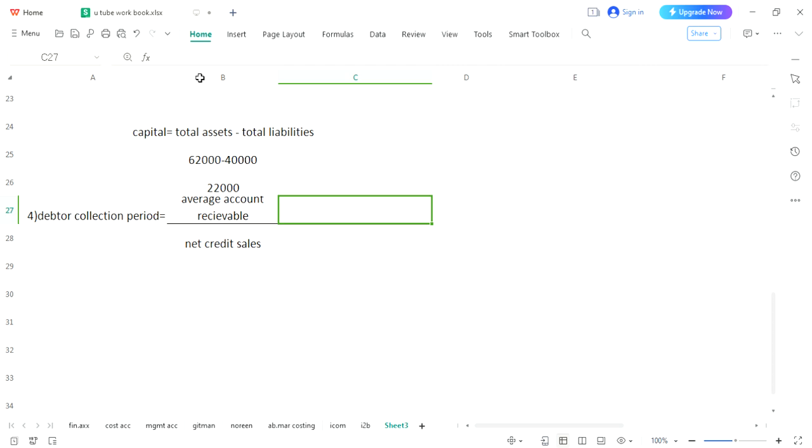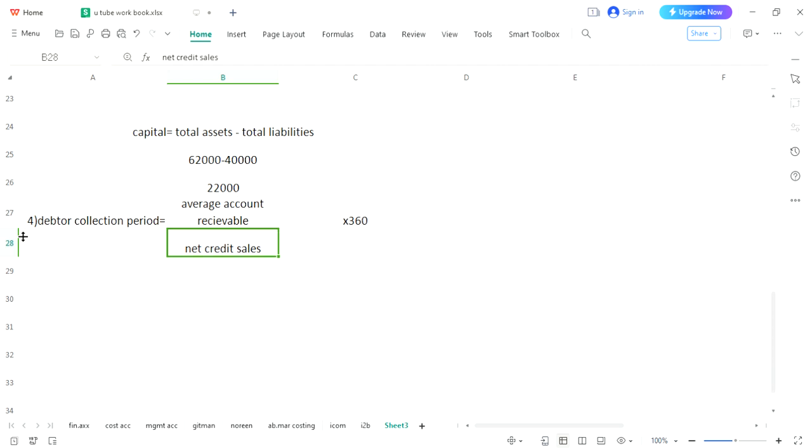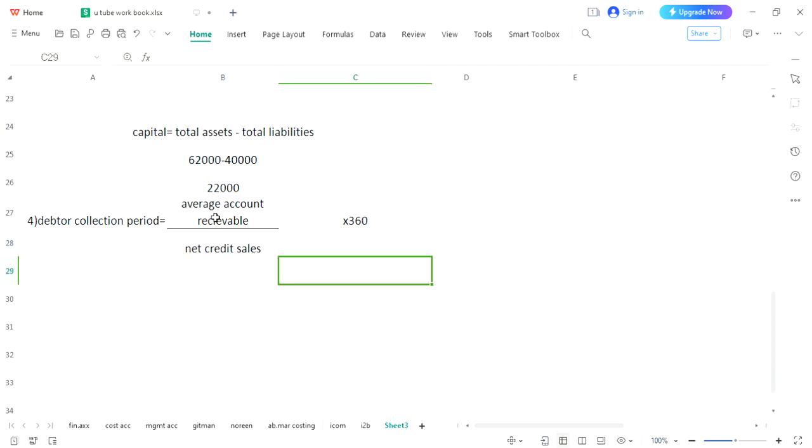So we can write it over here, multiply by 360. So this is our formula. We need to make a little more space over here. Alright guys, now please read it down. Average account receivable divided by net credit sales and multiply by 360.